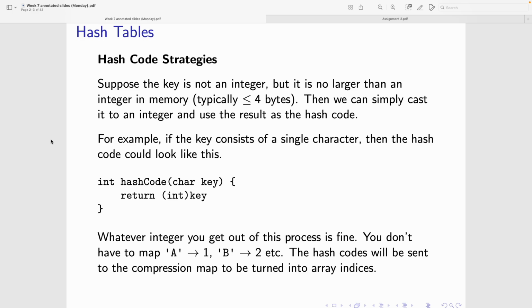But the next level of complexity isn't that much worse than just directly working with integers. If your key isn't an integer but is roughly the same size as an integer in memory, no larger, then you can just cast it to an integer. Each character in a string uses the same amount of memory as an integer, so you could just cast that character directly into an integer.